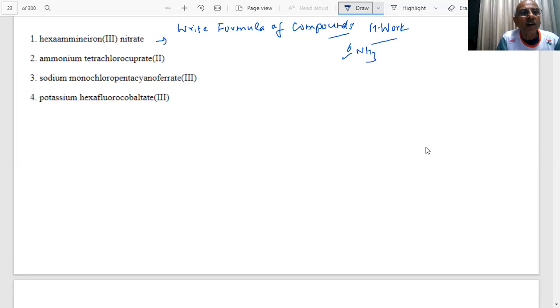So what will be the formula then? First you write the metal, then you write NH3. How many are there? 6, hexaamine. Now how many nitrates should I write? Because iron is in 3, so for zero overall charge, you should have, student, (NO3)3. Got it? This is the formula of this compound.